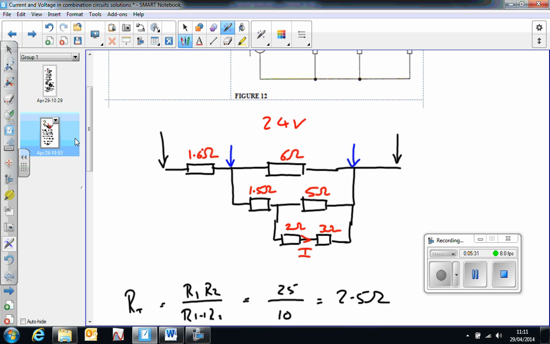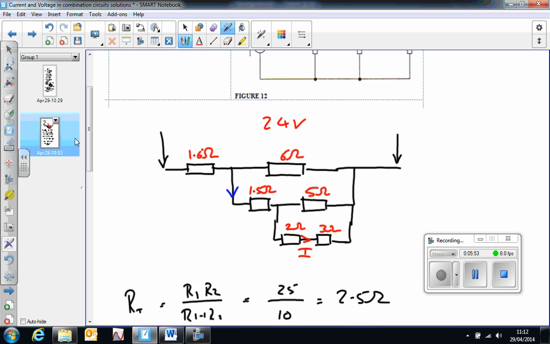So now I can work out what current is flowing in this particular branch of the circuit, because I know what this total resistance is. I worked that out earlier: 2.5 ohms plus 1.5 ohms is 4 ohms. So if I know the voltage and the resistance, I can find that current.